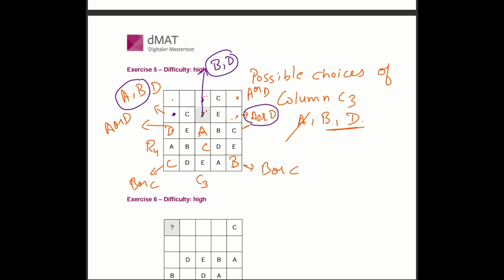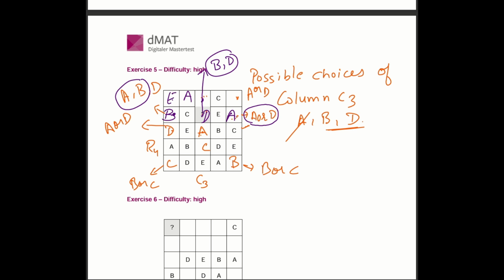If we are going to make an assumption here, we are going to take possible choices from here, like B. From A and B, B. Then from here B, it would be having D only.